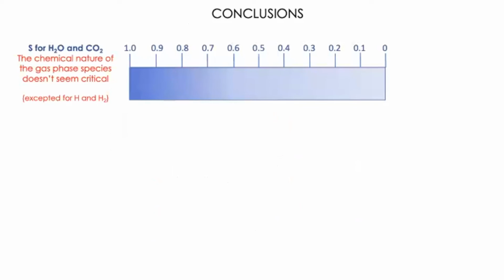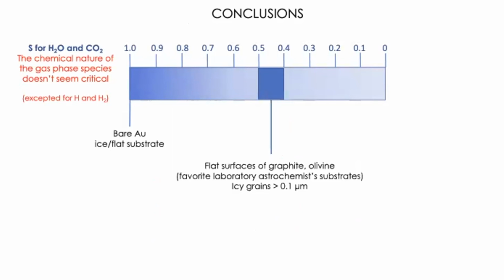So in conclusion, we have found that the sticking coefficients are not very dependent on the nature of the molecule, dipole moment, hydrogen bonding. We have found that indeed it is close to 1 on bare gold and on flat ice films.